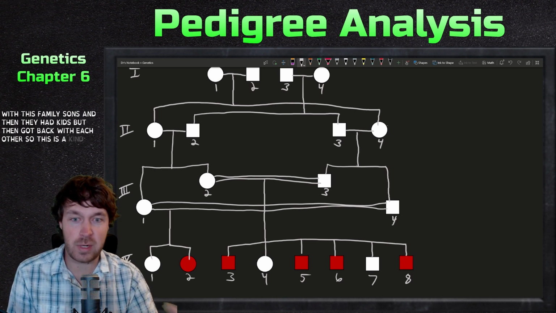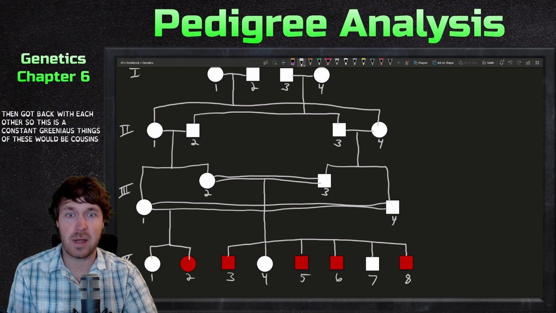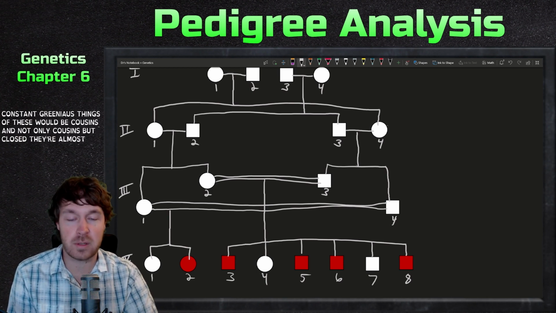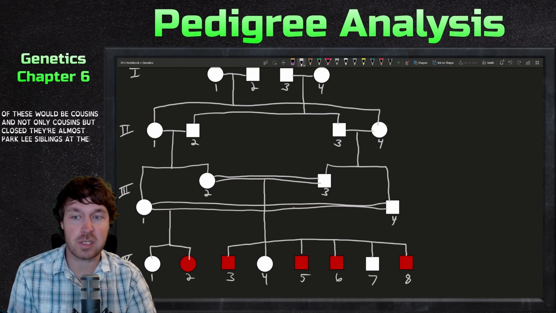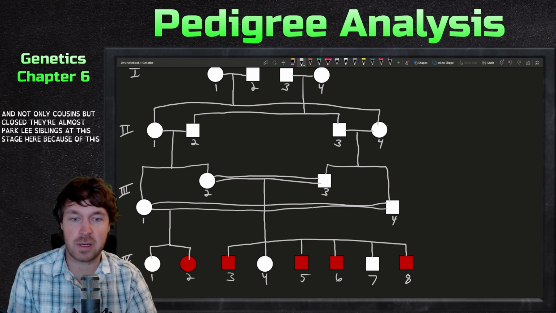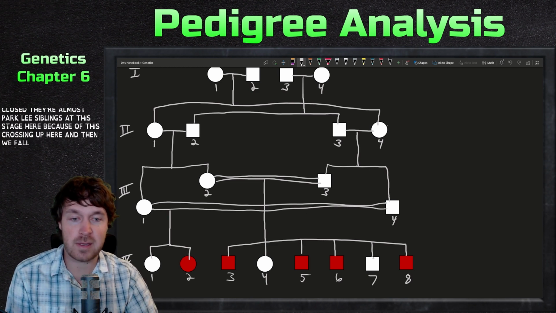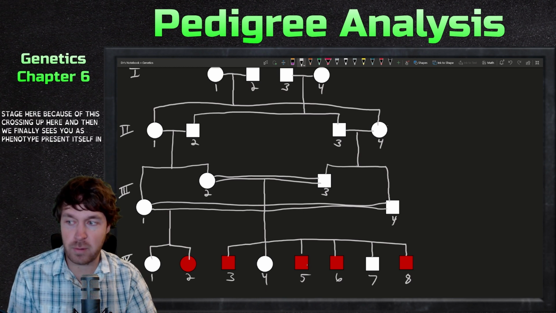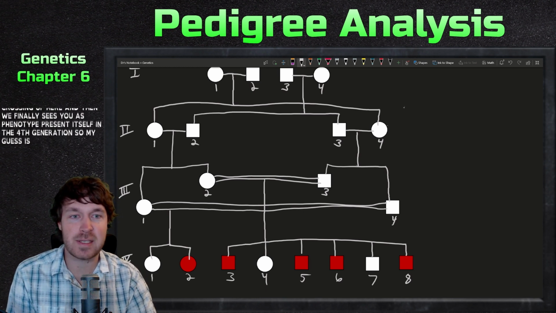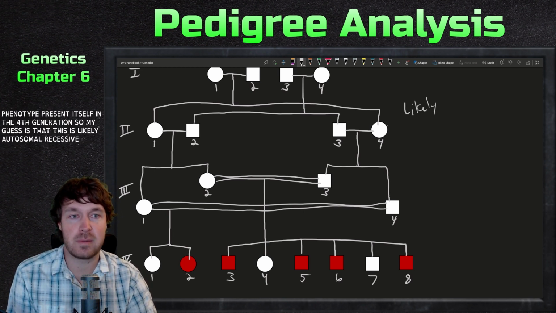So this is a consanguineous thing. So these would be cousins, and not only cousins, but close. They're almost partly siblings at this stage here because of this crossing up here. And then we finally see this phenotype present itself in the 4th generation. So my guess is that this is likely autosomal recessive.